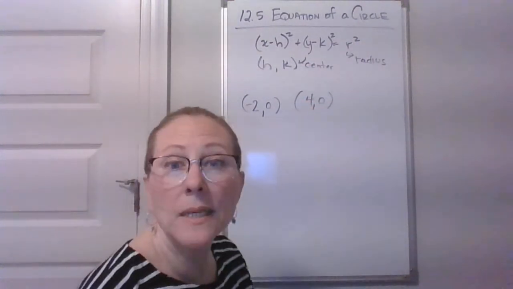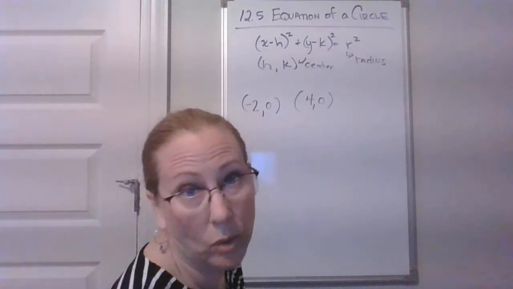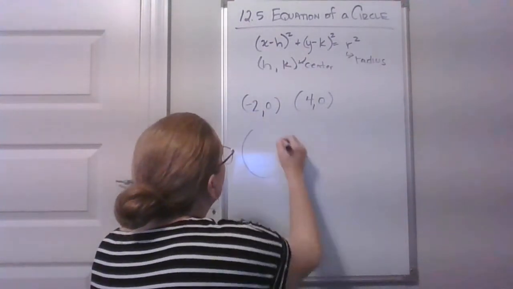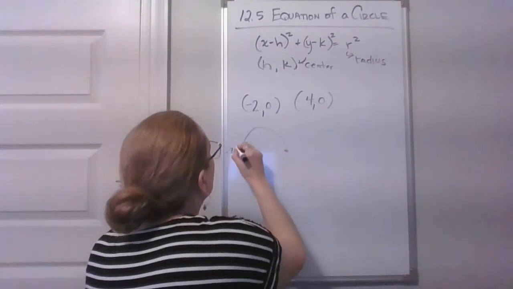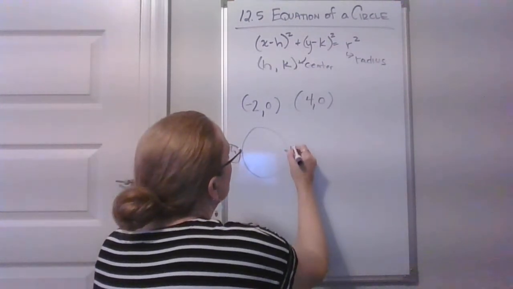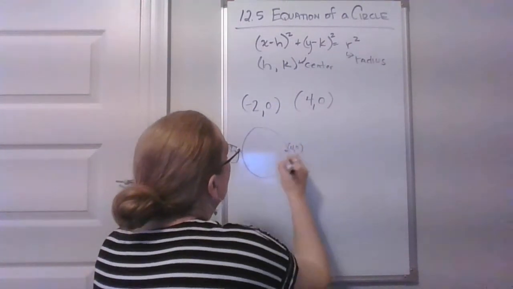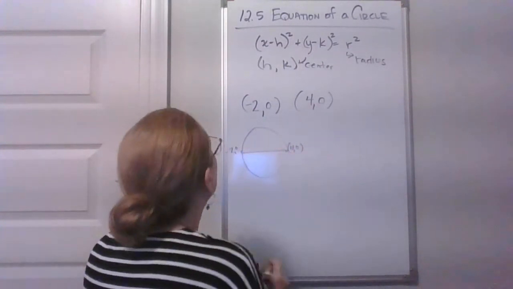Okay, these 2 points are on the circle. One here, one here. These are the ends of a diameter.